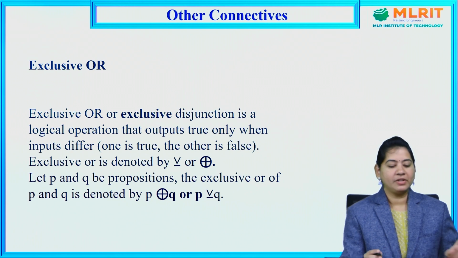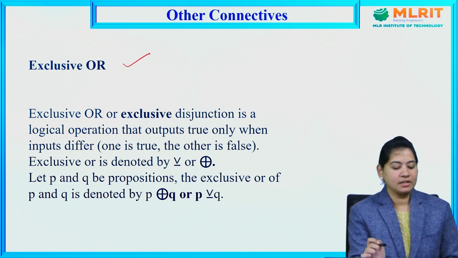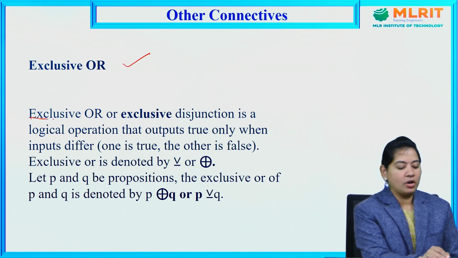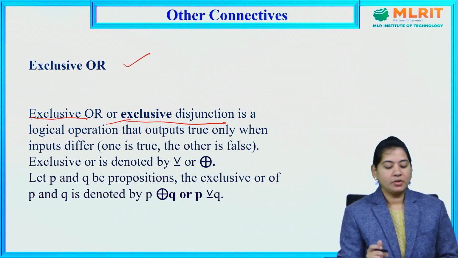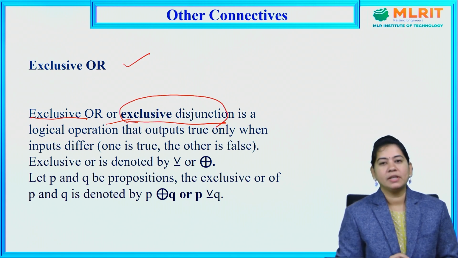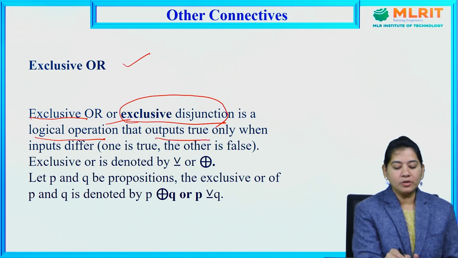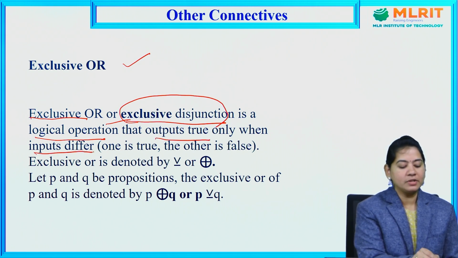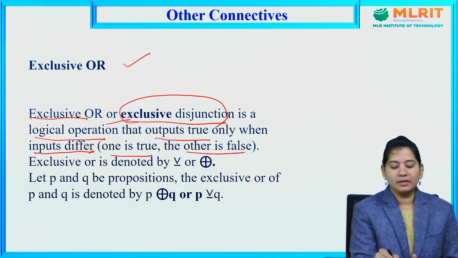So here the first one is exclusive OR. What is meant by exclusive OR? Exclusive OR, or exclusive disjunction. The other name for exclusive OR is exclusive disjunction. It is a logical operation that outputs true only when the inputs differ, that is, one is true and the other is false.